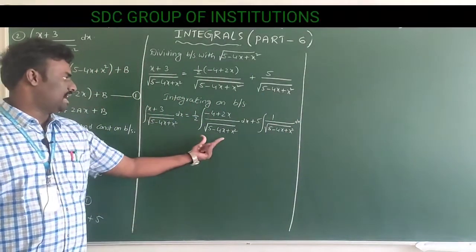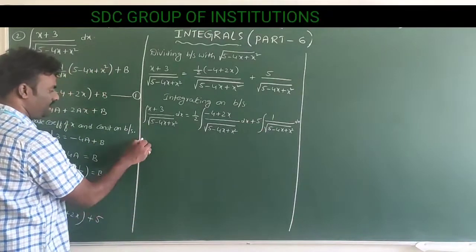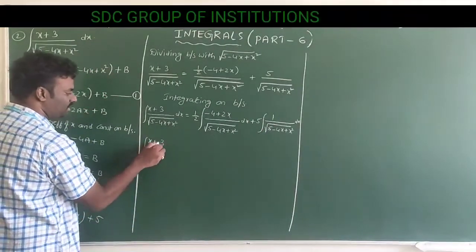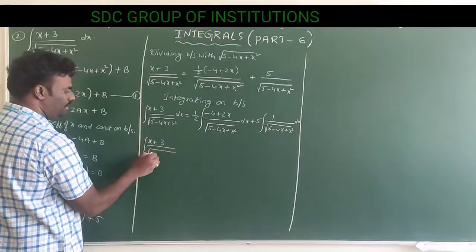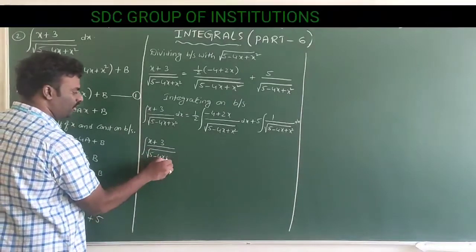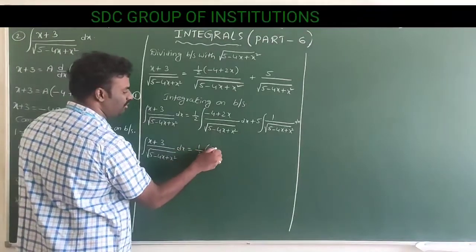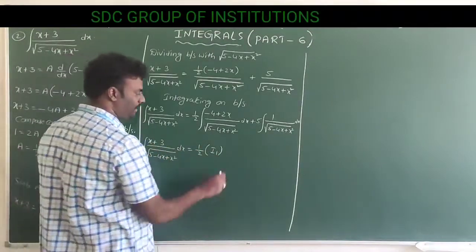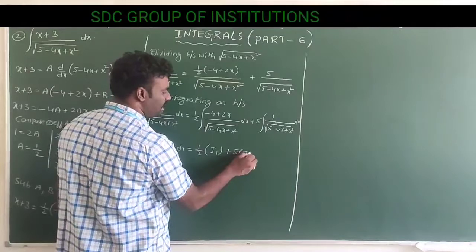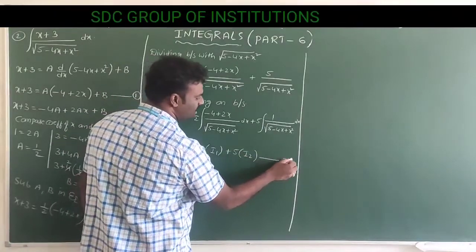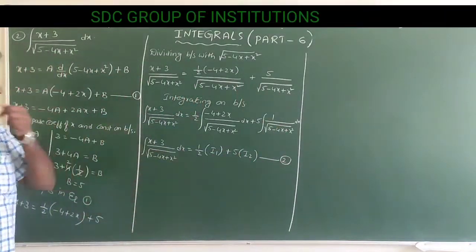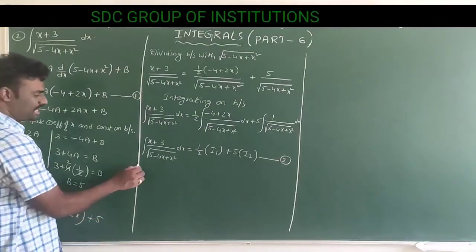I am taking this as I1, this as I2. Then the integral is equal to 1 by 2 into the first integration value I1 plus 5 into the second integration value I2. This is equation 2. Now we need to find I1, I2 separately. First I am finding I1.